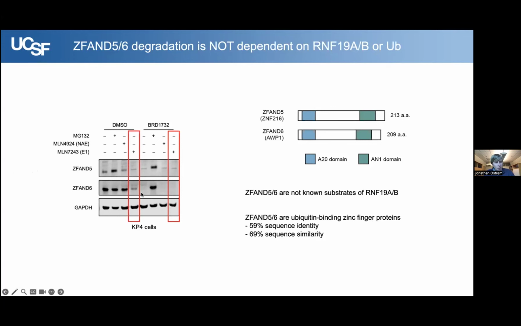Now, you'll notice also that MLN7243 itself induces some degree of degradation of ZFAN5 and ZFAN6. So that was curious to us.